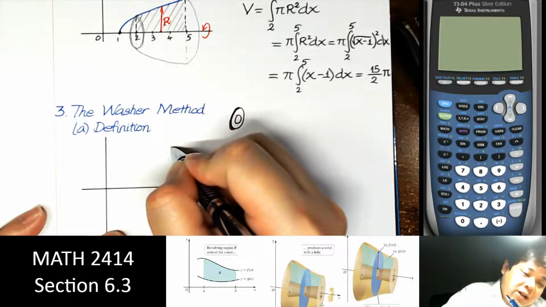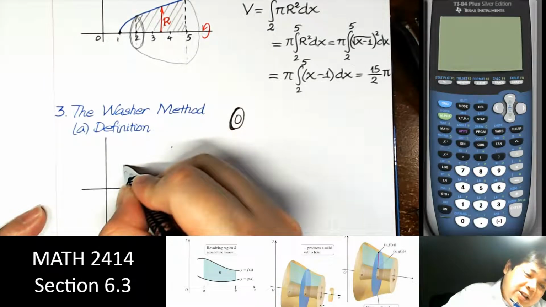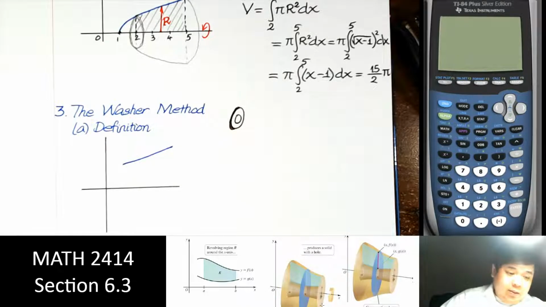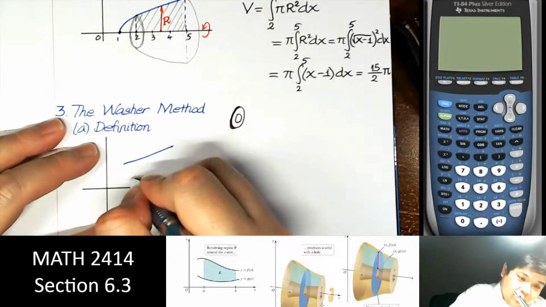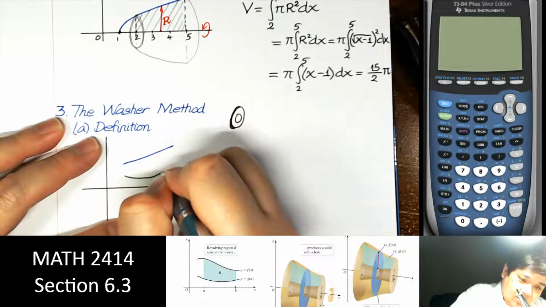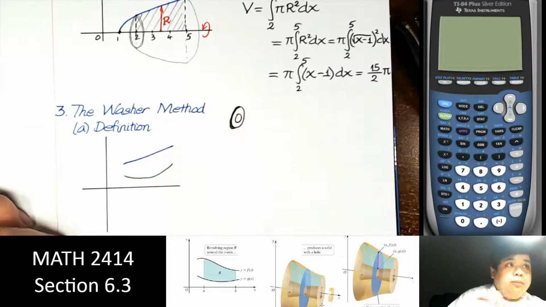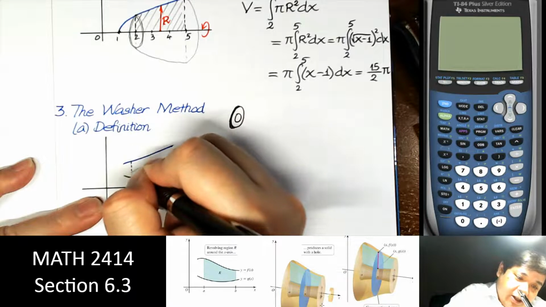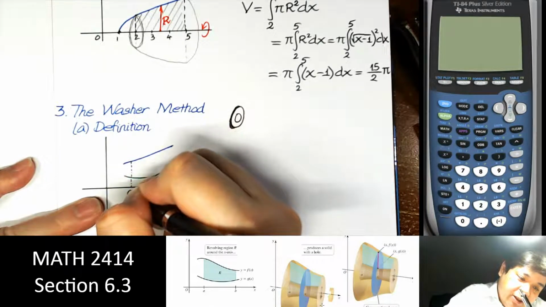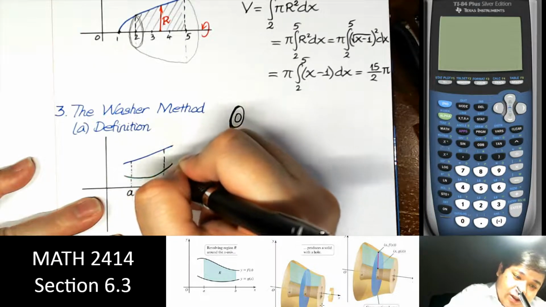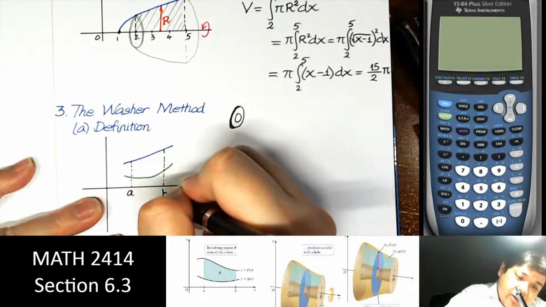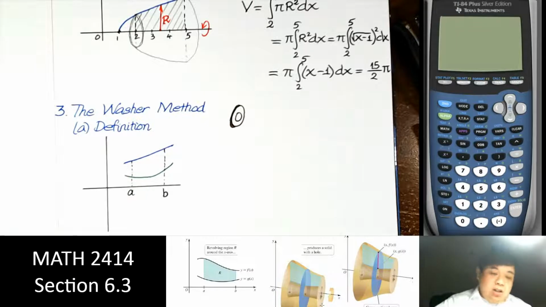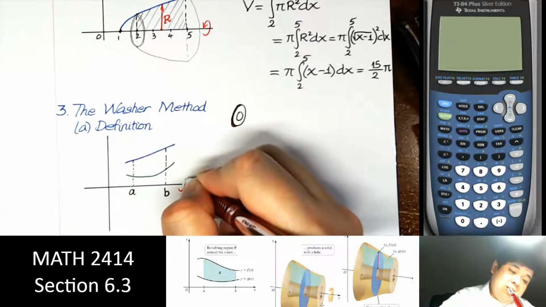See, we have one function above and the function below, from A to B. And we're going to rotate that also about the x-axis.